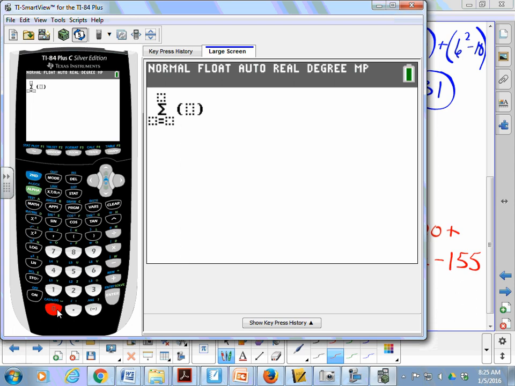Now, for the variable here, it doesn't matter what you do. Poor Brittany, but she can use one of the other calculators when she's in here. So what letter you use doesn't matter as long as you use the same letter. So we'll just use X. That's always easiest to do.